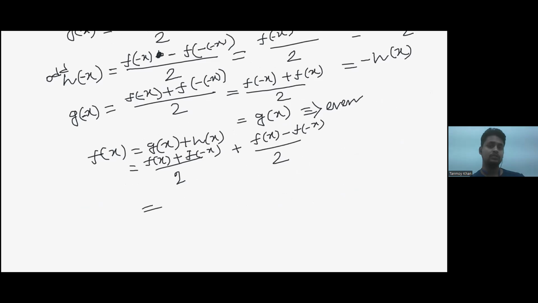So if g(x) is an even one and h(x) is an odd one, any function f(x) can be written like that. Okay, so this is a property of a function.